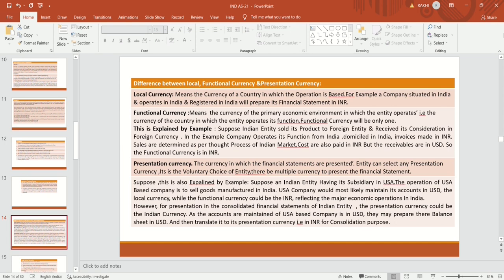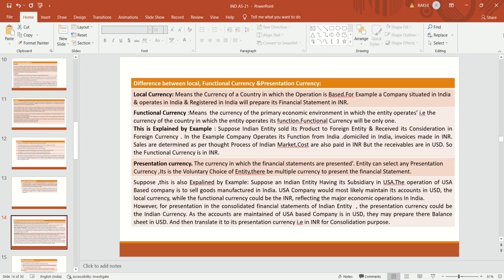The USA company would most likely maintain its accounts in the local currency, because they are based in USA. Whatever the currency they have in the local market, they will maintain their accounts in USD, the local currency.